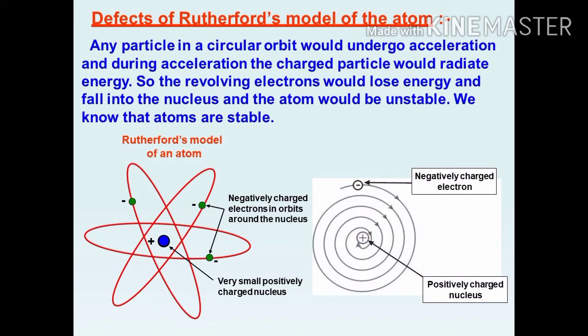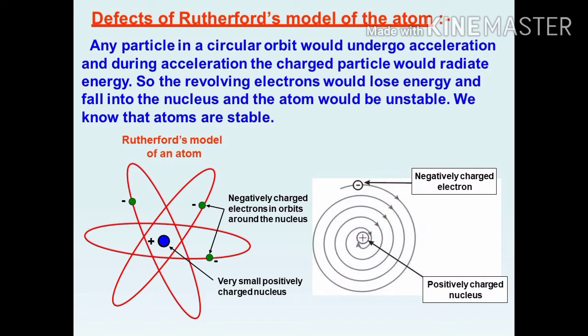Any particle in a circular orbit would undergo acceleration. During acceleration, the charged particle would radiate energy. So the revolving electrons would lose energy and fall into the nucleus, and the atom would be unstable. We know that atoms are stable in nature, but according to Rutherford's model, atoms are unstable. So it is one of the defects of Rutherford's model.